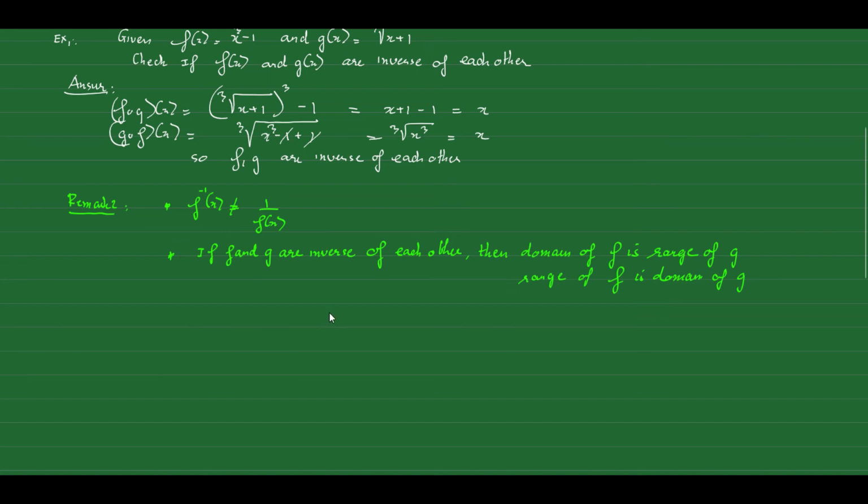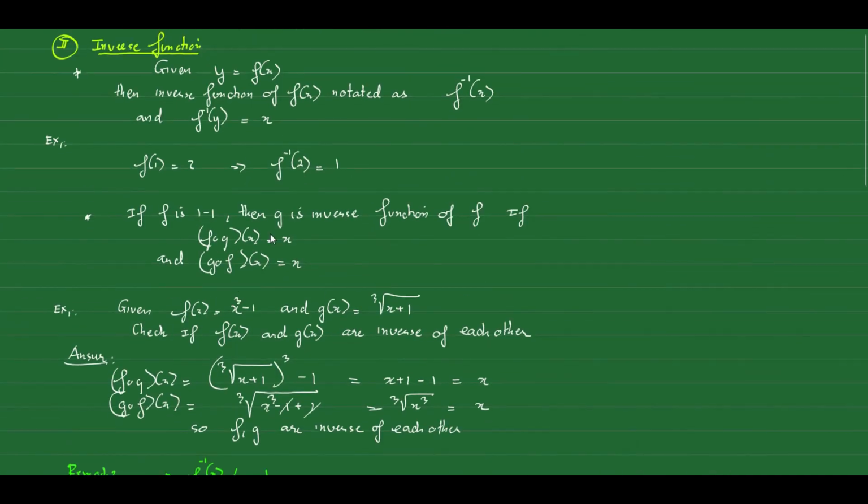So if they give you the graph, you can probably use this remark to find the domain and the input and output. It's kind of similar to the first example here.